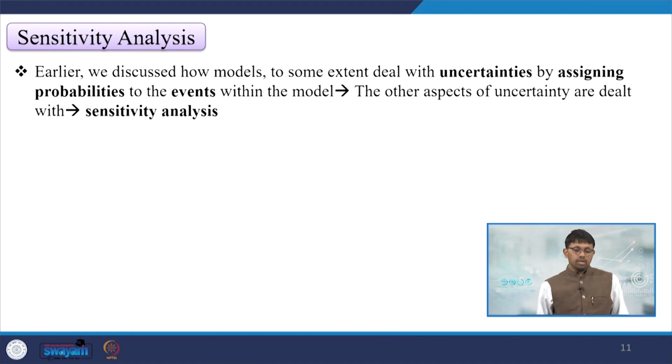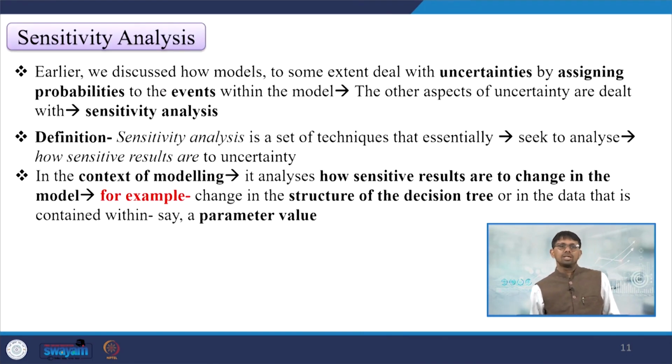So, let us discuss sensitivity analysis. Earlier we discussed how models to some extent deal with uncertainties by assuming probabilities for the events within the model. The other aspects of uncertainty are dealt with by sensitivity analysis. So what do you mean by sensitivity analysis? This is a set of techniques that essentially seek to analyze how sensitive results are to uncertainty.